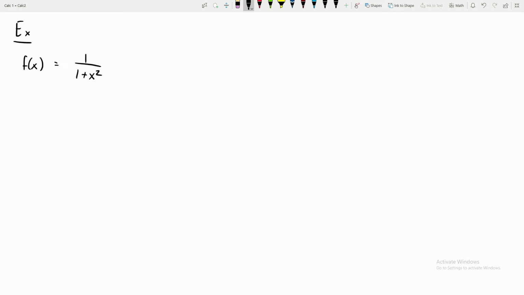So let's say we are given this function right here, and we are asked to find the power series notation for this function. Like I said, we're going to try to portray this function in as close to this format as we can. And as we can see, it's already sort of in that format. Perhaps we can make one change right here, and that is to include this minus, so this would be minus x squared.